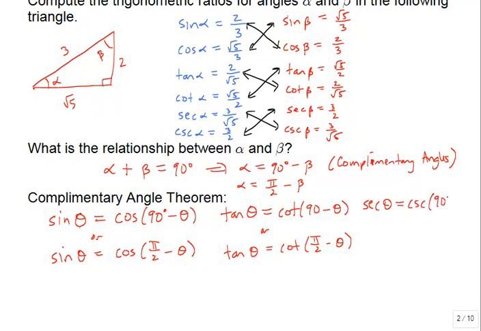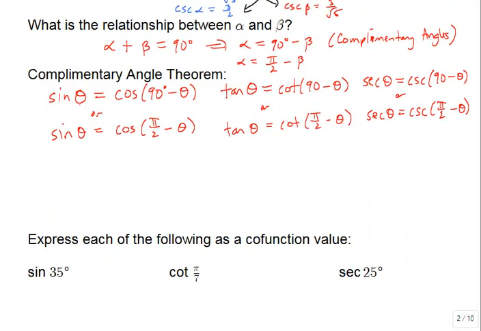So 90 minus theta or pi over 2 minus theta. So this is called your complementary angle theorem. And another common word that you might hear is this term cofunctions. And what we say is that sine and cosine are cofunctions.